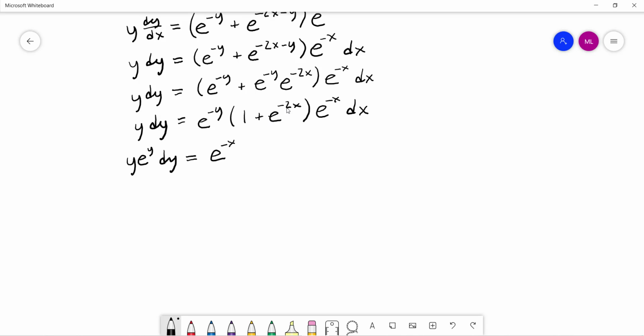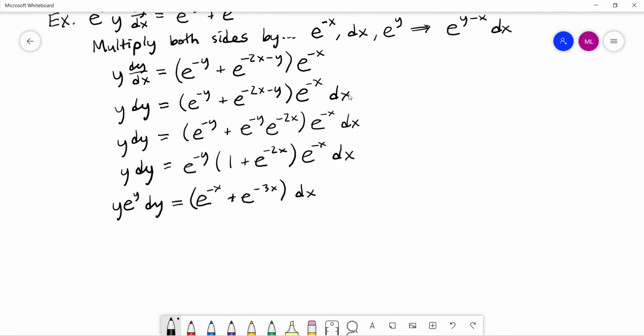And then when I do e to the negative 2x times e to the negative x, I can add exponents and get plus e to the negative 3x. And again, I've got my dx multiplying the whole thing. Okay, so there's just a bunch of algebra. This was all algebra. We have not done any calculus, any differential equations yet, just algebra.